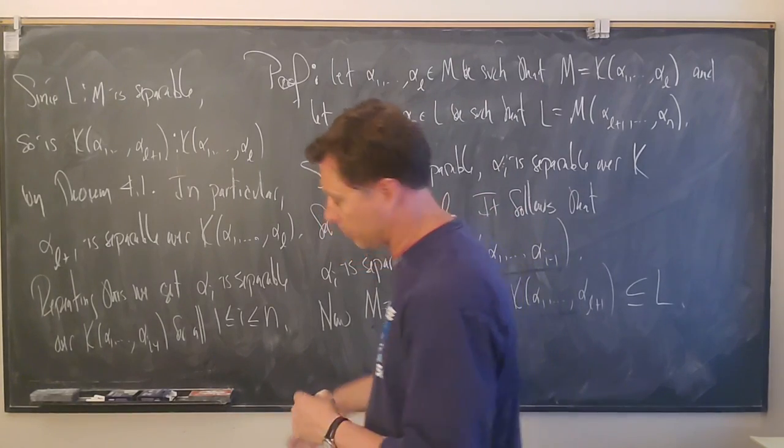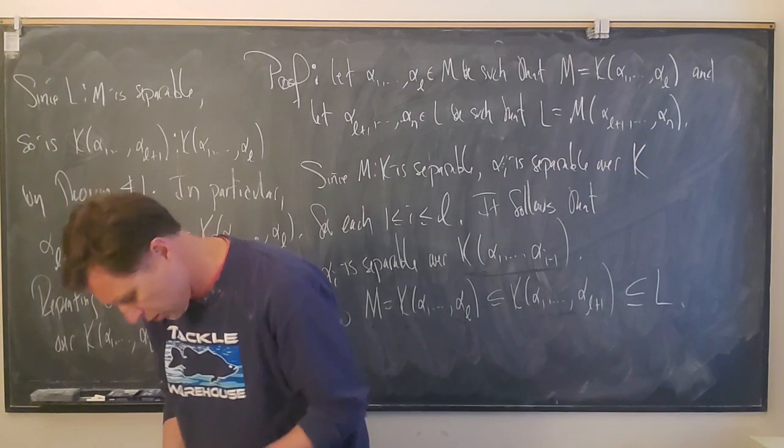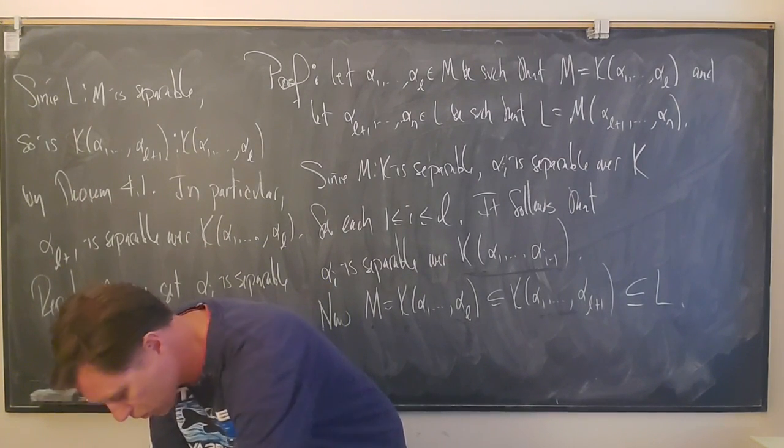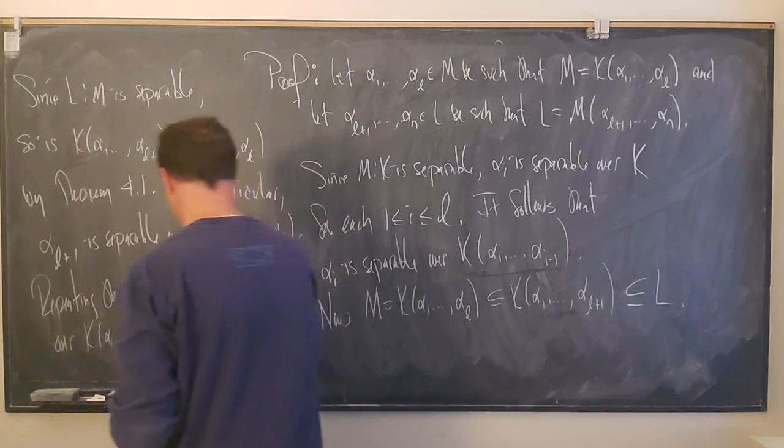And now apply a corollary. This was 4.4. I keep writing 5s here.